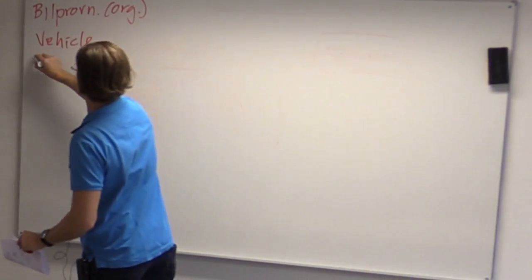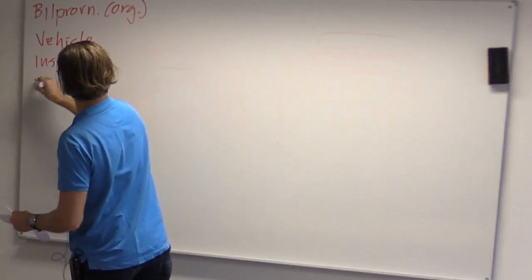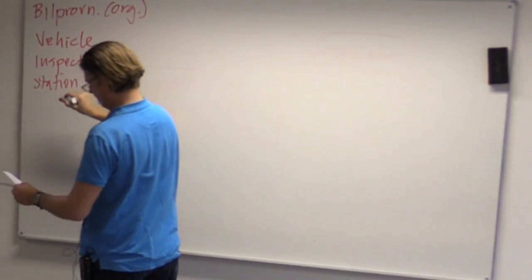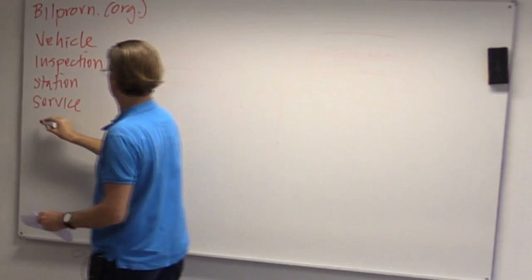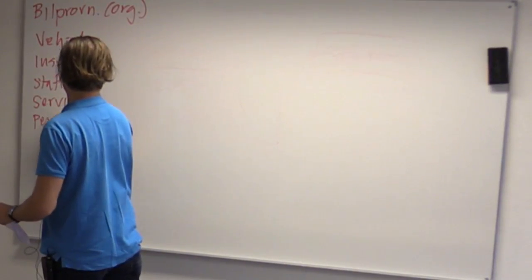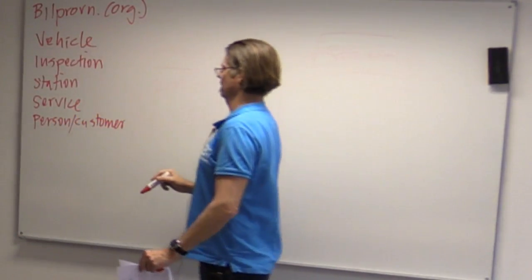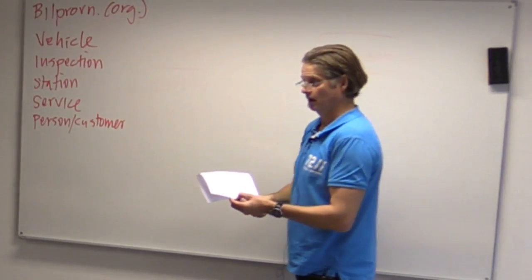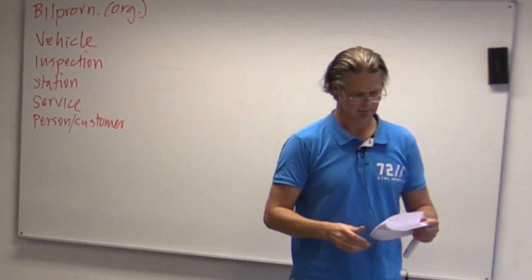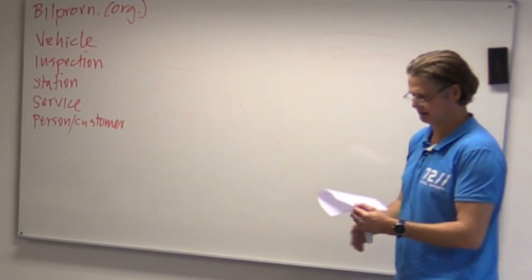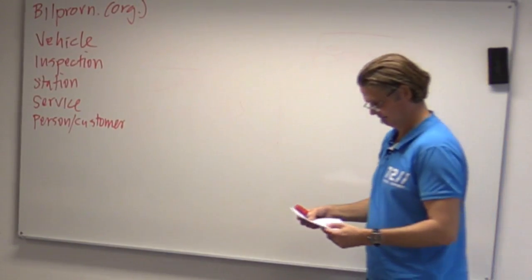I've been talking about an inspection, a station, and I mentioned the word service here, and a person or a customer. Nowadays we are treated as customers. That didn't happen 20 years ago, when we were seen as persons, and that's the kind word for it, can I tell you.